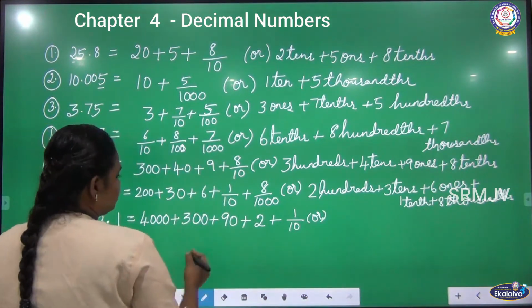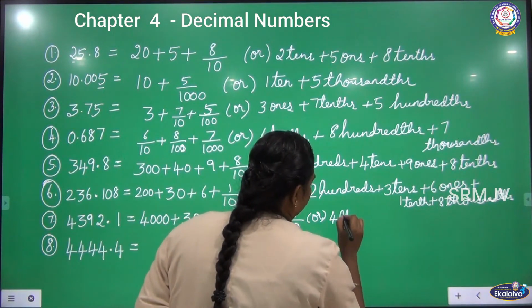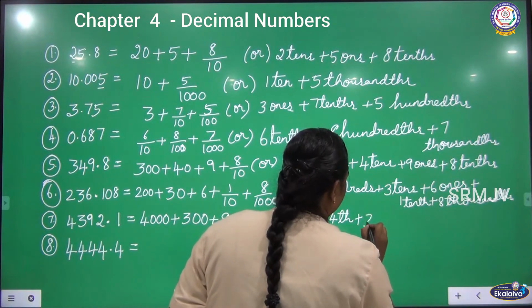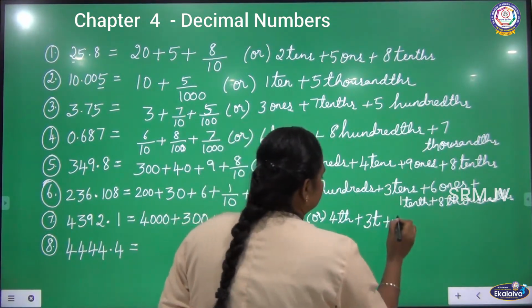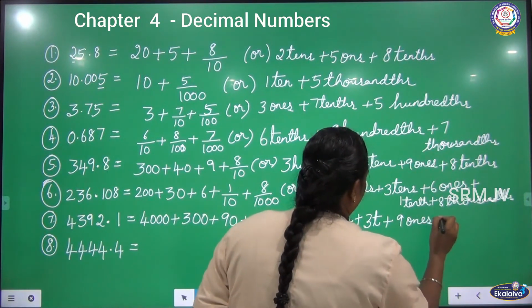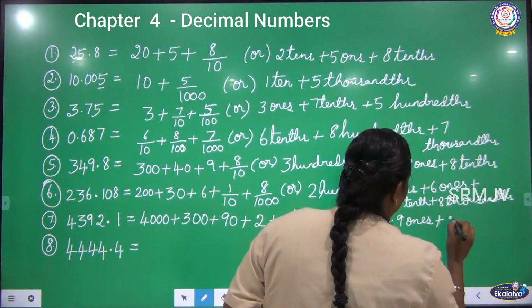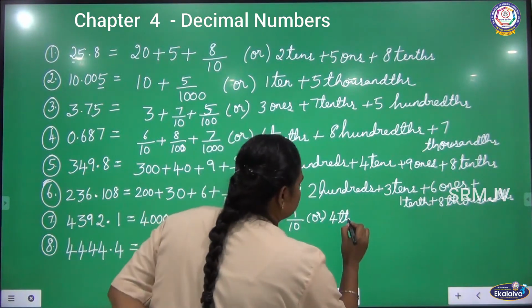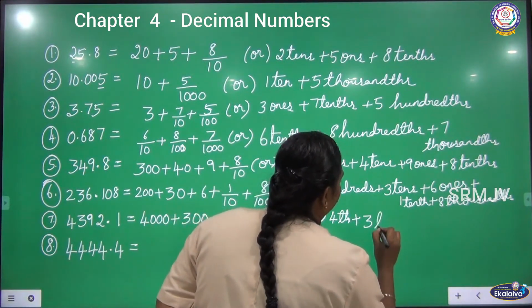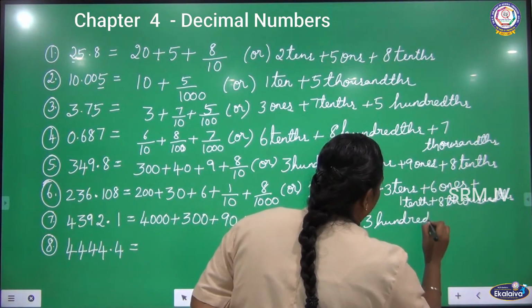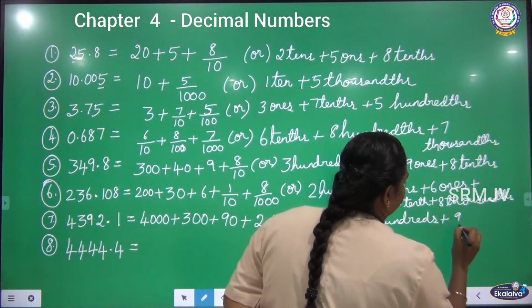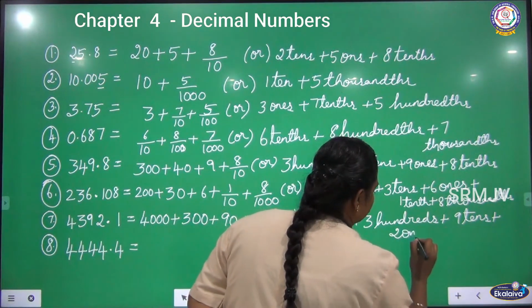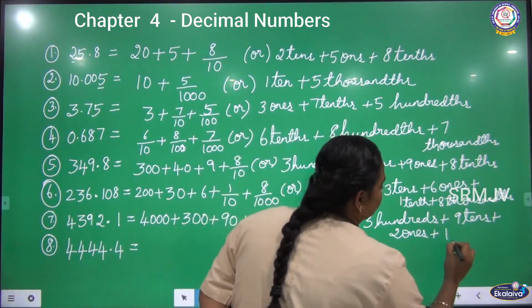So you can write 4000s plus 300s plus 9 tens plus 2 ones plus 1 tenth.